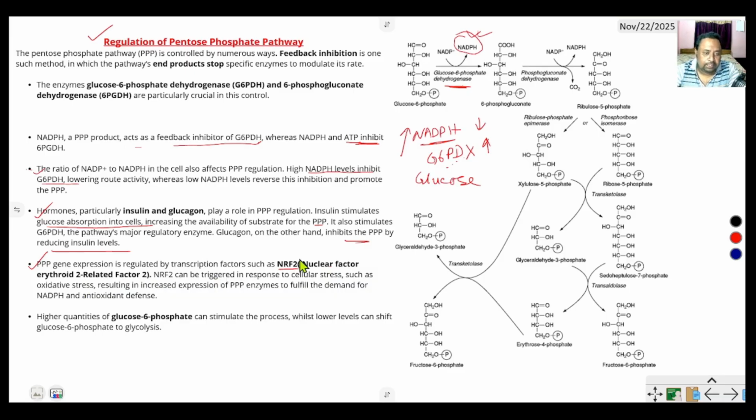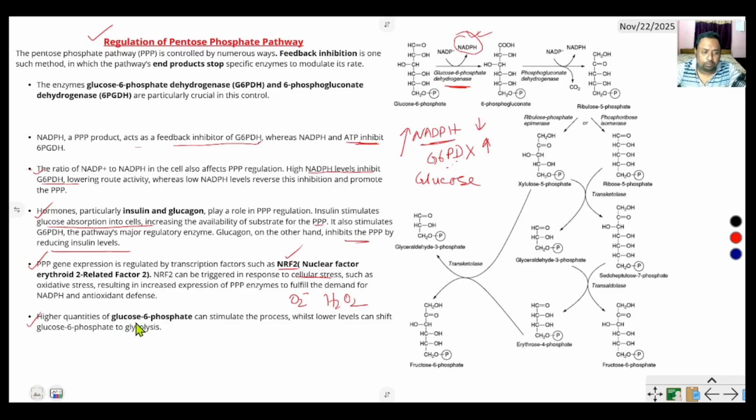This gene is triggered in response to cellular stress, when toxic superoxide, hydrogen peroxide, etc. are produced in our cell. When cellular stress level is high, to reduce that stress, the transcription factor NRF2 activates the pentose phosphate pathway, because NADPH is required to destroy these superoxide or hydrogen peroxide molecules.